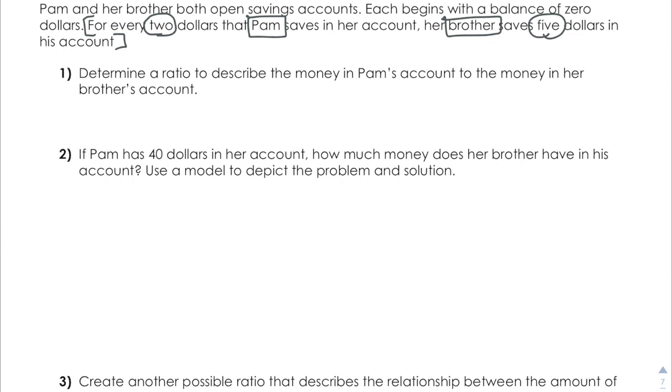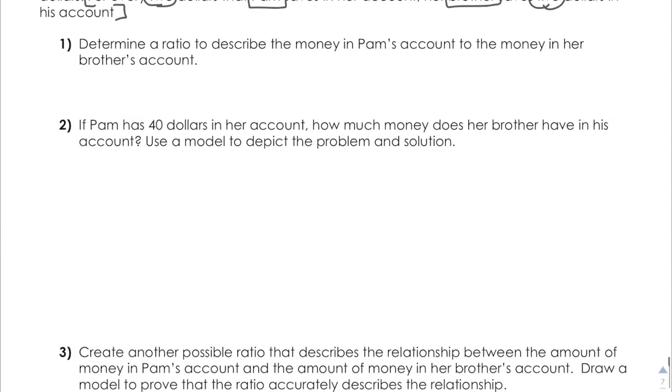All right, so we can go ahead and start with number 1. It says determine a ratio to describe the money in Pam's account to the money in her brother's account. So that's giving us the order that it wants. Pam is going to come first, then the brother, very similar to how it was up here at the top.